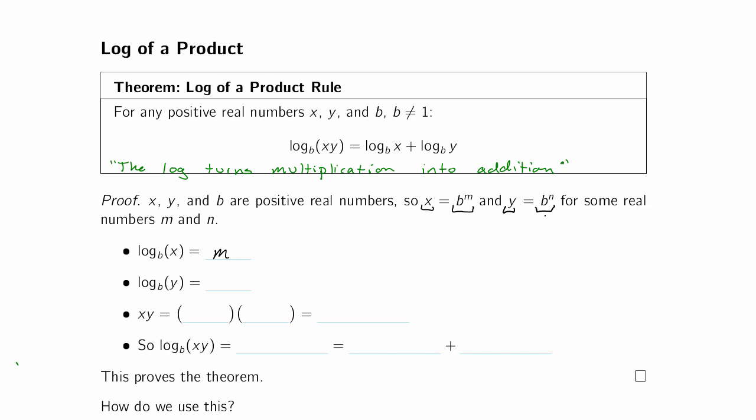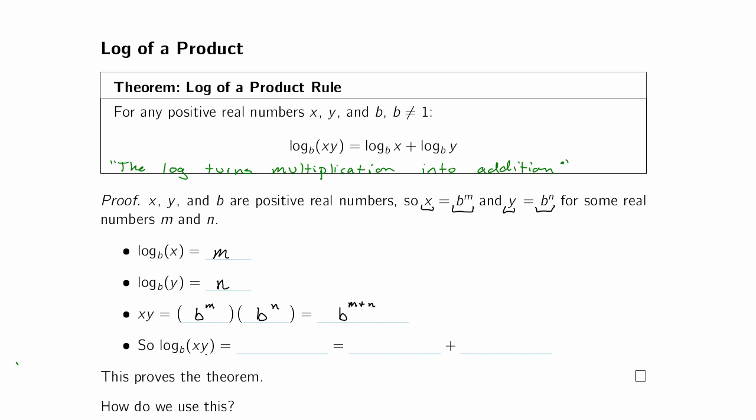y is the base to some other power, so the log of y is n. Then x times y is the base to the m power times the base to the n power, which is the base to the m plus n power.